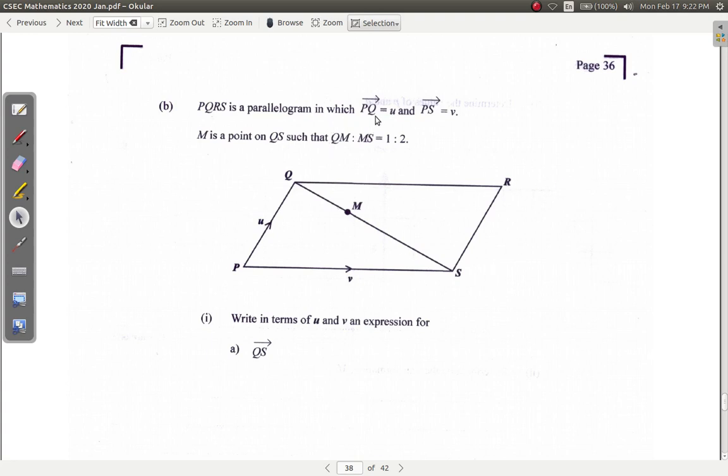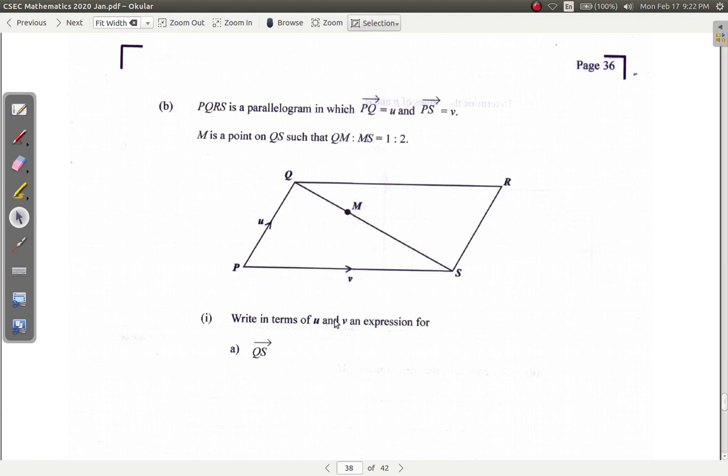PQRS is a parallelogram in which PQ is U and PS is V. M is a point on QS, okay, such that QM to MS is 1 to 2. Alright, you get the point.